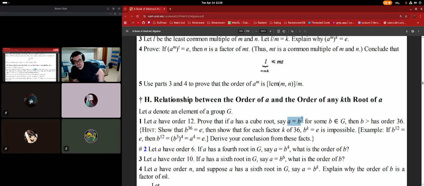I think it must be, could be 60 because of this proof. I mean, it could be 30. It could be 30? Really? With a having order 12 and this being b to the 5? I mean, if the order of b is 30, then b to the 60 is also identity, right?